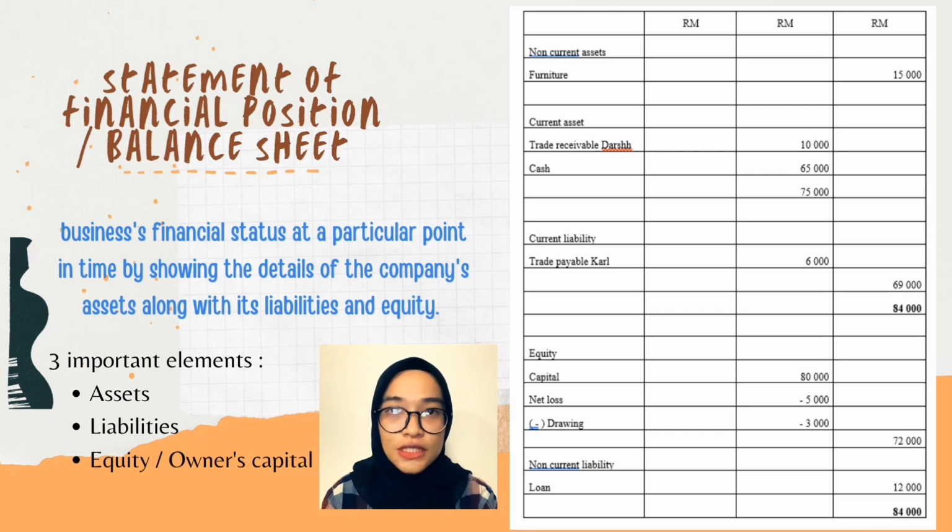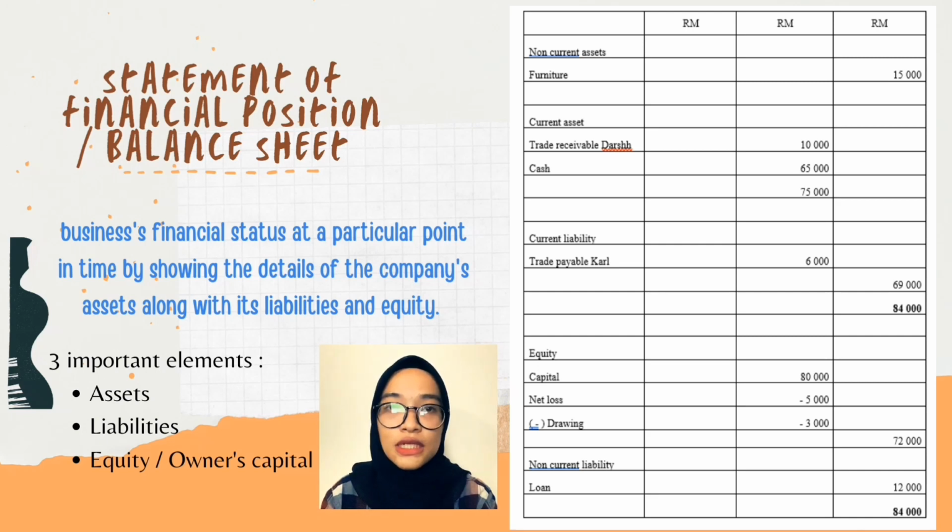In this statement of financial position, or balance sheet, there are three important elements. The first one is assets, which are the resources owned and controlled by the business. Assets are further classified into current assets and non-current assets. The second element is liabilities, which is the amount a business owes to its lenders and other creditors.